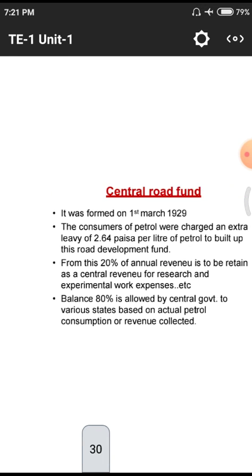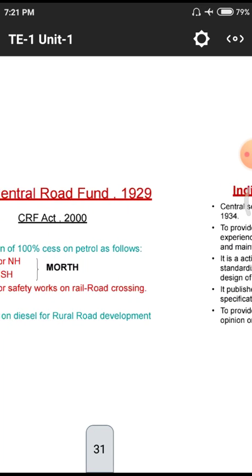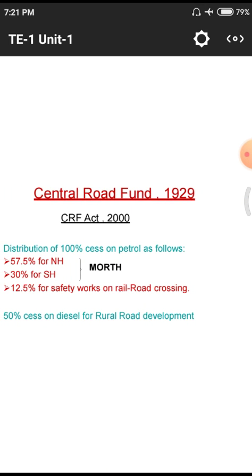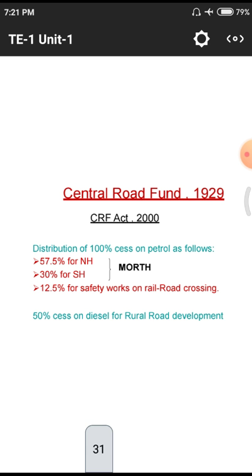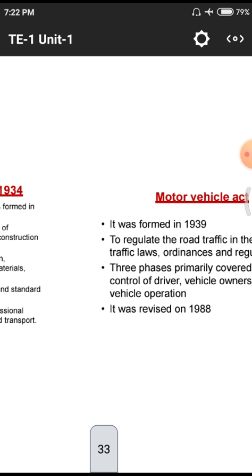After that, we discussed the Central Road Fund, which was implemented on petroleum products. The Central Road Fund establishment year is 1929. Okay, how the fund was utilized for different categories like highways, state highways, and other district roads. This is the Indian Road Congress and their implementations on the highways and other road constructions.